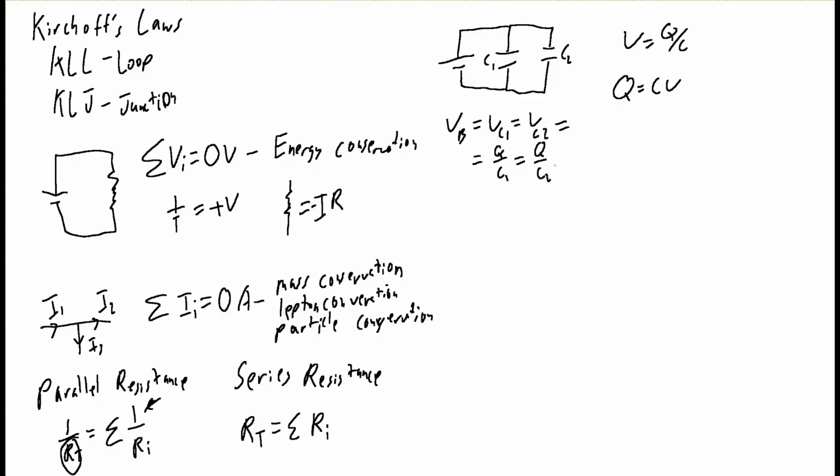These guys are equal to each other, but I want the total capacitance for these guys. I believe these guys are not the same. The Q's are not the same.